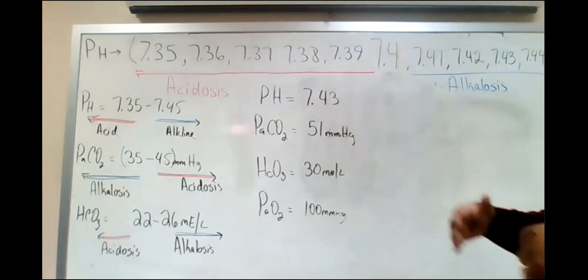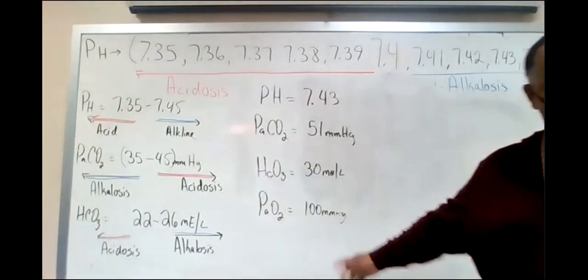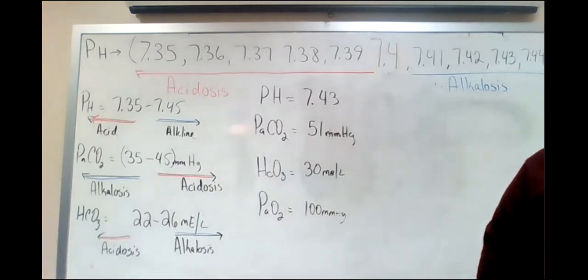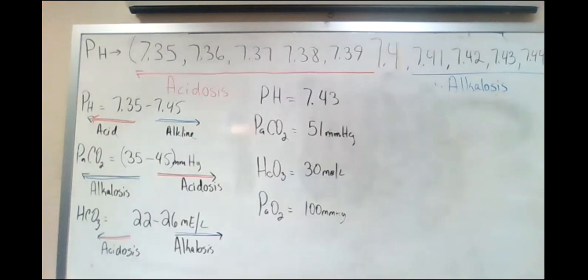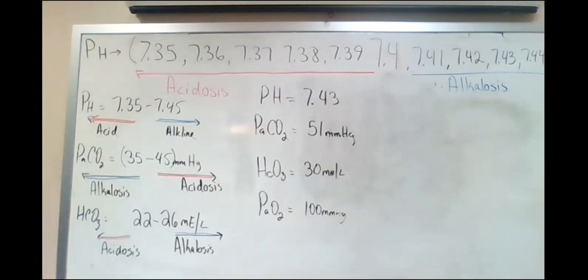Then you can know how to interpret ABGs. The oxygenation part is simple once we get to that. And when you get to 220, you'll learn how to manage ABGs. What do we do to fix them? So let me look at it.